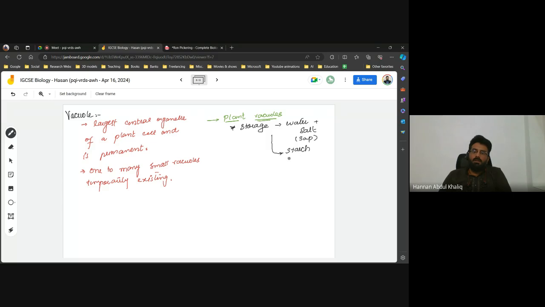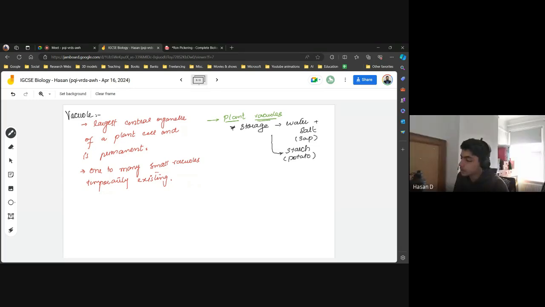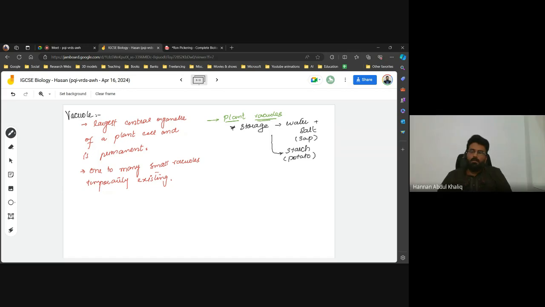Let me tell you, in potato, where do we collect the potato from the plants? From underground or from the branches? Underground. We collect the potato from underground. In every underground storage organ, the plants always store the starch.